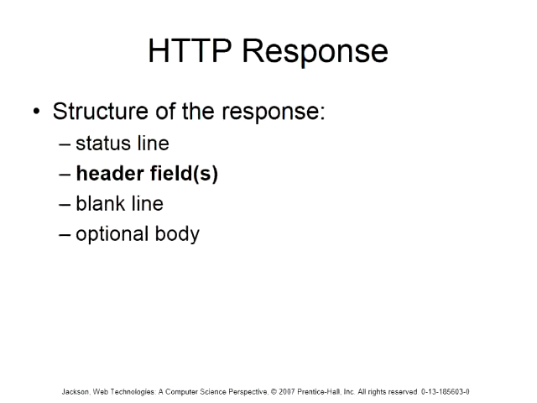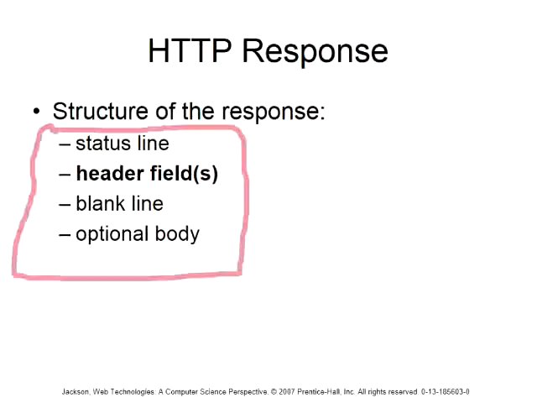This is the structure of an HTTP response. And also we studied the structure of an HTTP request. So what are the common parts? That means the parts that can be found in the HTTP request and in the HTTP response.